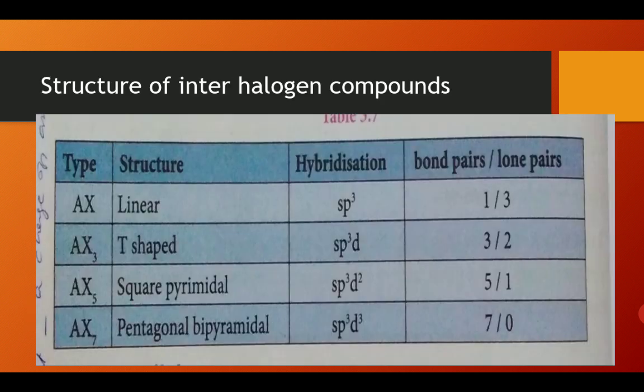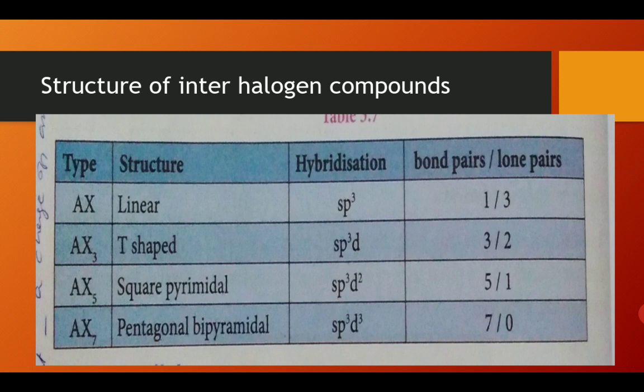The next, structure of interhalogen compounds. The structure depends upon the hybridization. See the hybridization, according to that the structure will differ. The first one, AX type, the structure is linear, the hybridization is sp3, and bond pairs and lone pairs are 1 and 3. Then AX3 is T-shaped, sp3d hybridization, bonded pairs are 3 and lone pairs are 2.